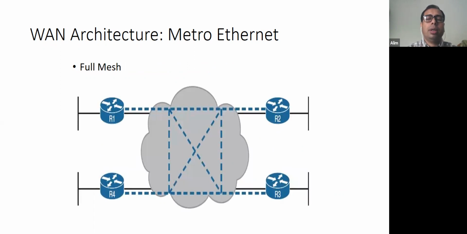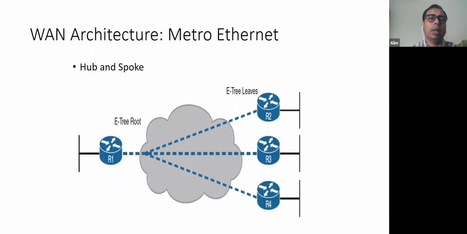And then in case of mesh, say you have 4 branches, R1, R2, R3, R4, and then they can provide mesh connectivity. So any branch can connect to any branch without dependency on any other branch.